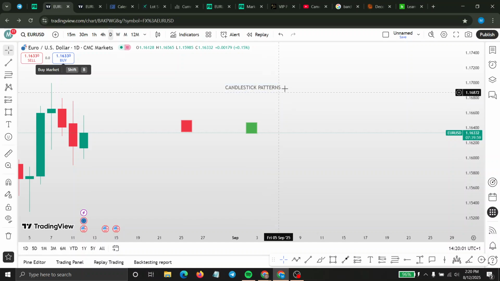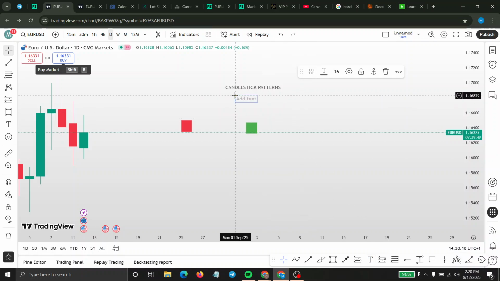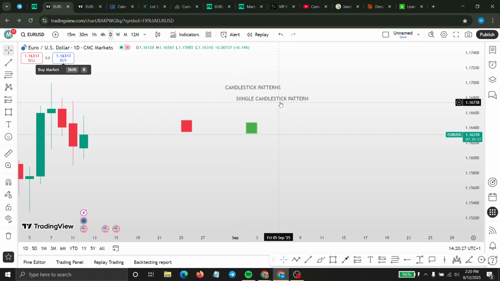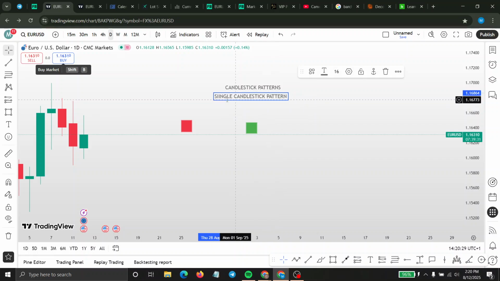We have different candlestick patterns. We have the single candlestick pattern, which is what we'll be starting with today. The single candlestick pattern simply means that we need just a single candle to make a decision to either buy or sell.